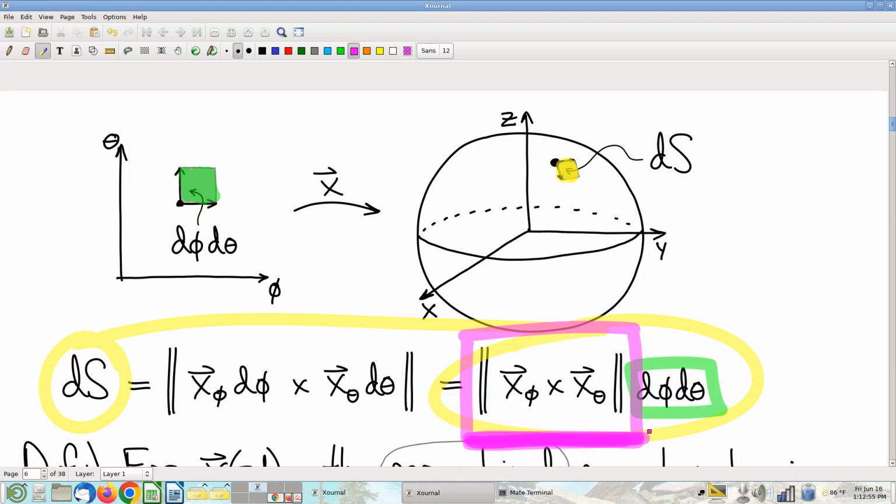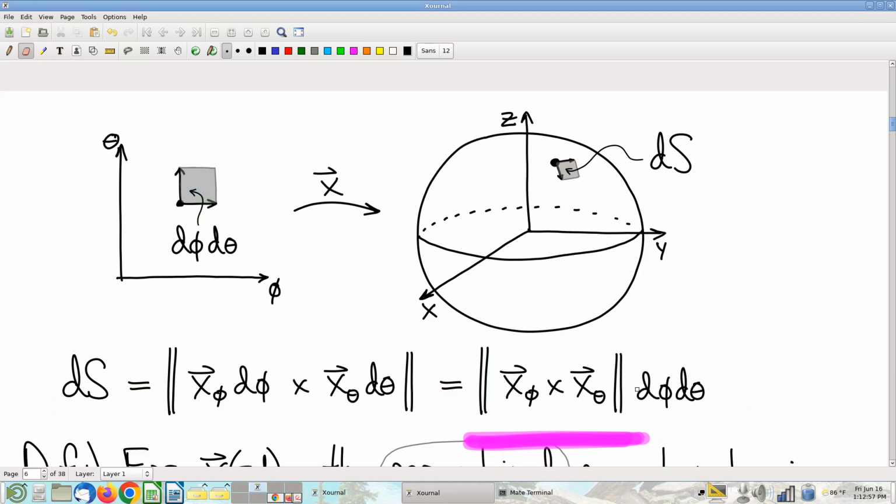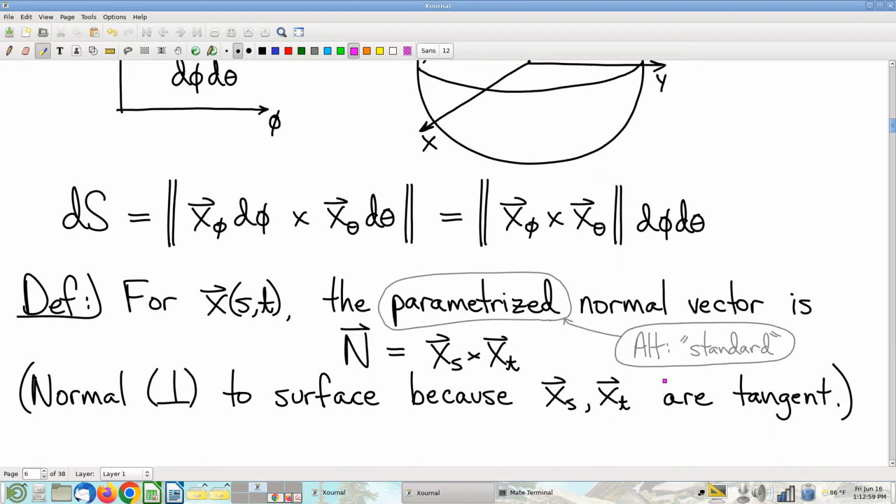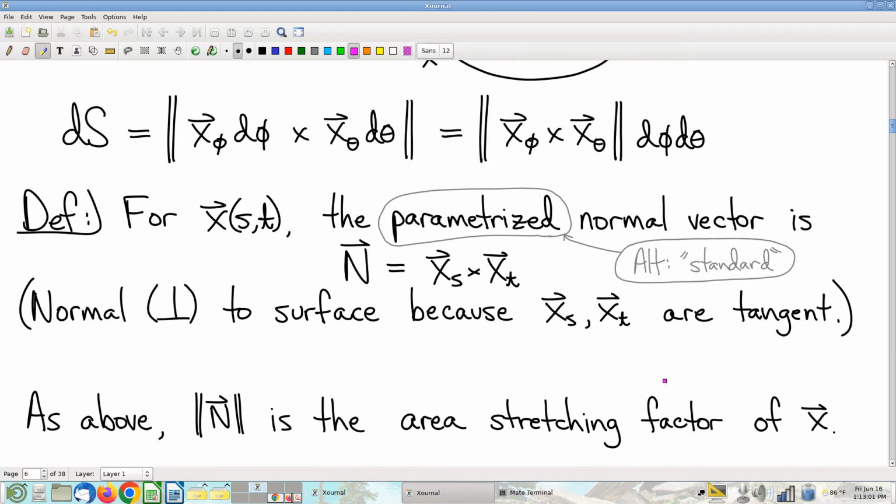Okay, cool. All right, now there's some notation stuff to talk about, and this is a little bit annoying. So here's our stretching factor. You'll notice that our stretching factor is the magnitude of a particular vector: the cross product of the partials of the parameterization.